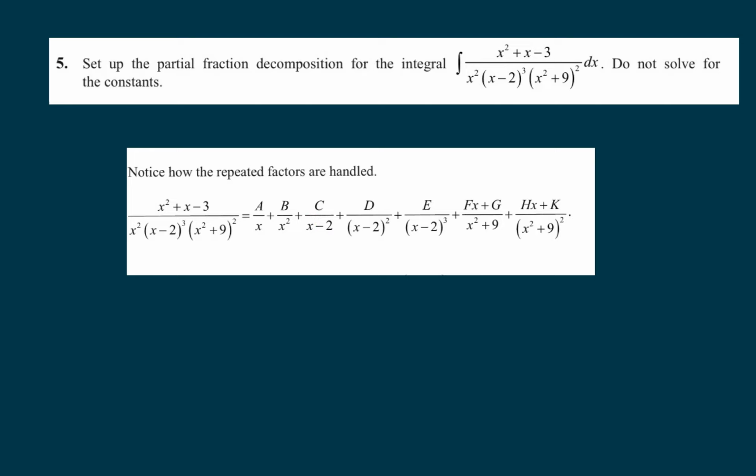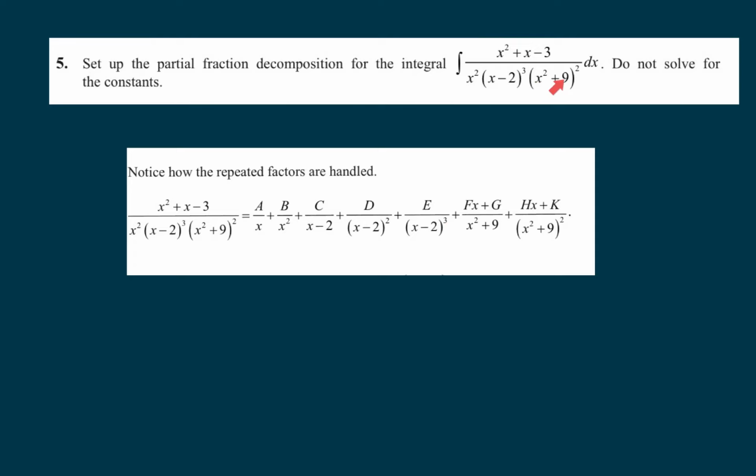So I repeat, the x squared is x repeated 2 times, so it will be A divided by x plus B divided by x squared. The x minus 2 has a root. The root is x equal to 2, because 2 minus 2 is 0. The x minus 2 has a root and is repeated 3 times, so it would be C divided by x minus 2, D divided by x minus 2 squared, E divided by x minus 2 cubed.